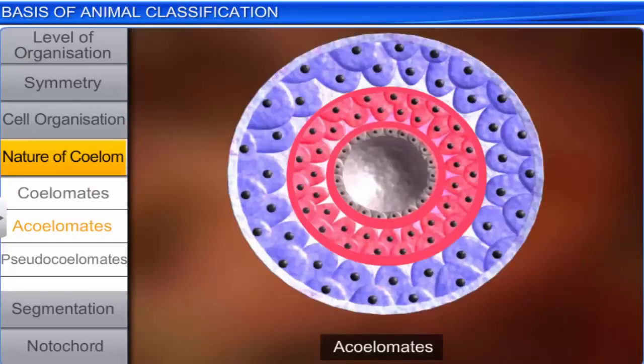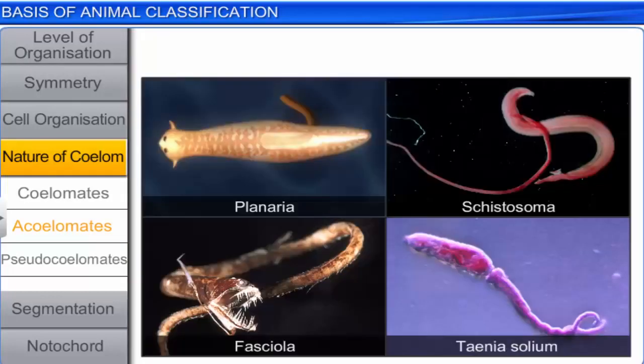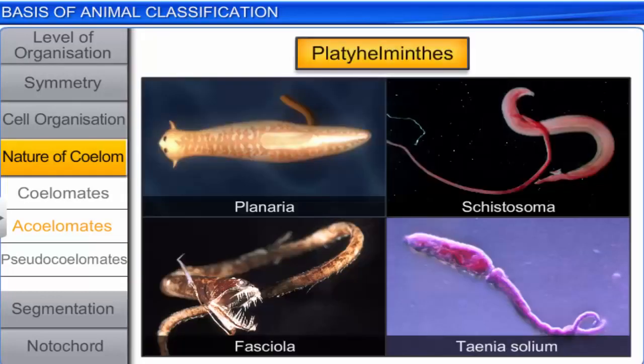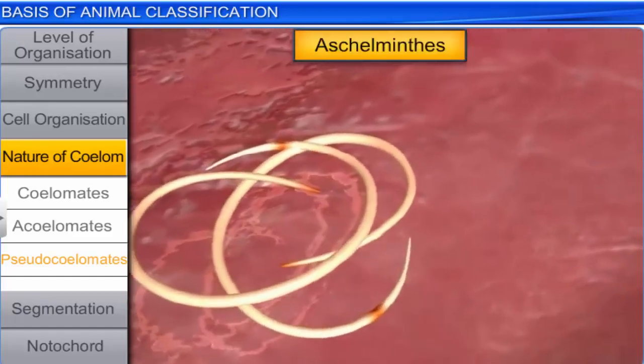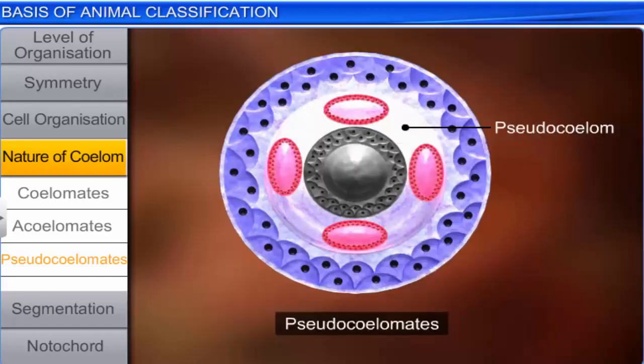Acoelomates are animals in which the body cavity is absent, such as Platyhelminthes. Pseudocoelomates are animals that possess a pseudocoelom, such as Aschelminthes. A pseudocoelom is a body cavity in which the mesoderm is not lined, but rather scattered between the ectoderm and the endoderm.